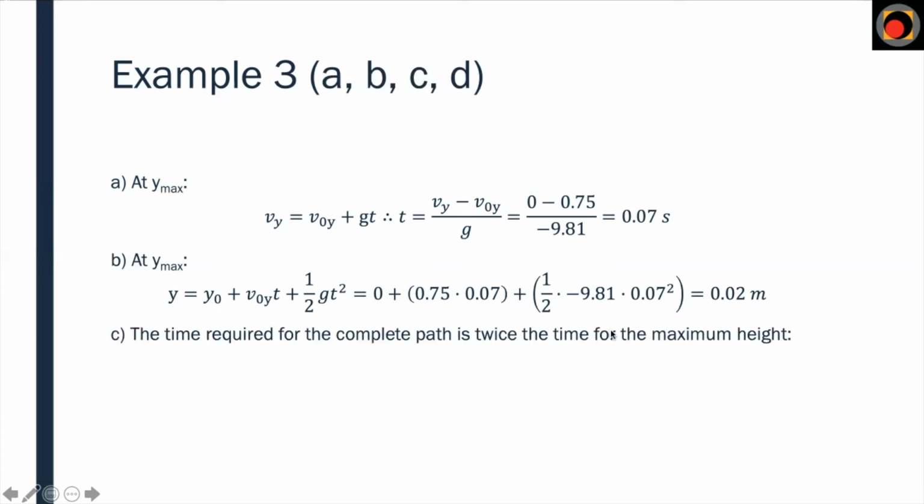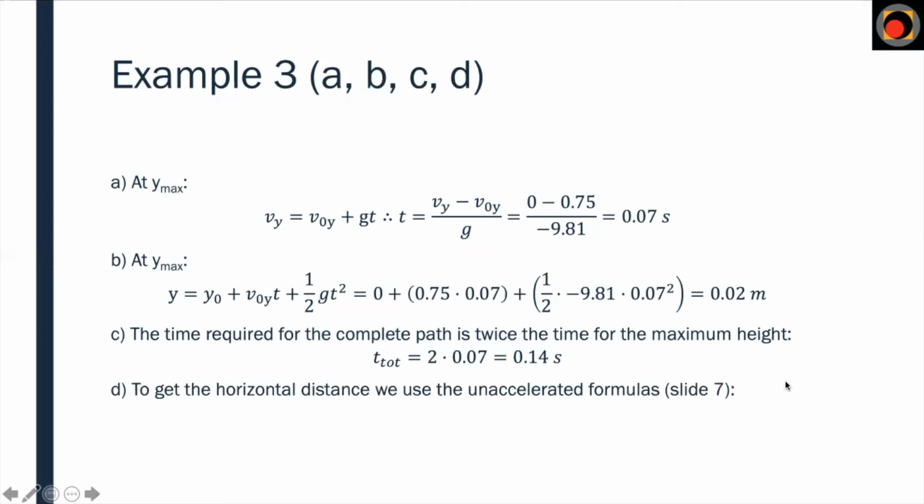Now, because the path is symmetric, if it takes half the time to get to the top, it will take double that time to get to the bottom. So the total time will be double the time for the half part. And then to get the horizontal distance, we use the unaccelerated formulas, which for x is delta x equals Vox times t.